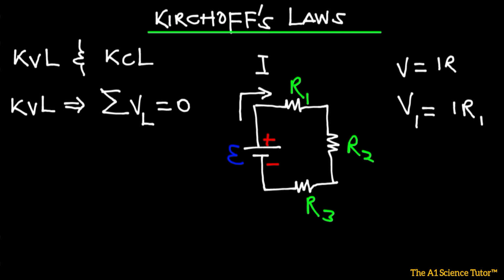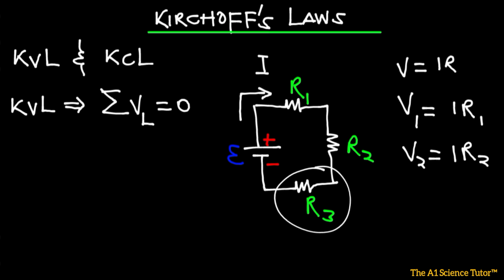Now we know that these three resistors are connected in series, so we're going to have pretty much the same current go through the second resistor. If I goes through R2, there is another voltage dissipated over the second resistor. Let us call that voltage V2, so V2 will be equal to I multiplied by R2.